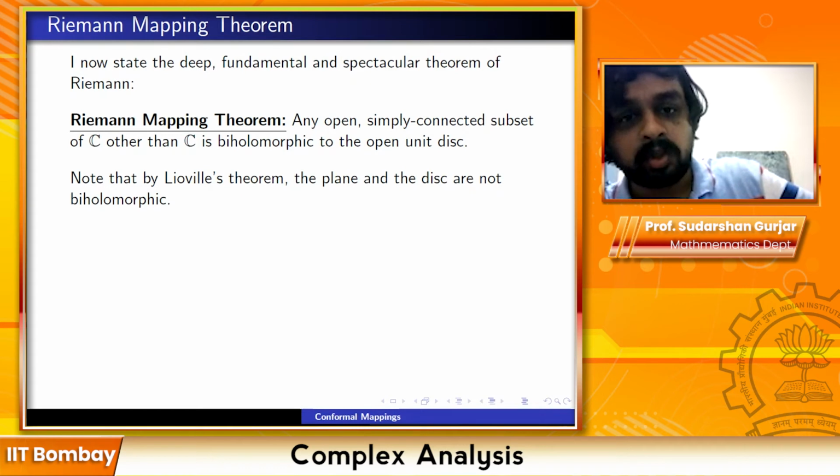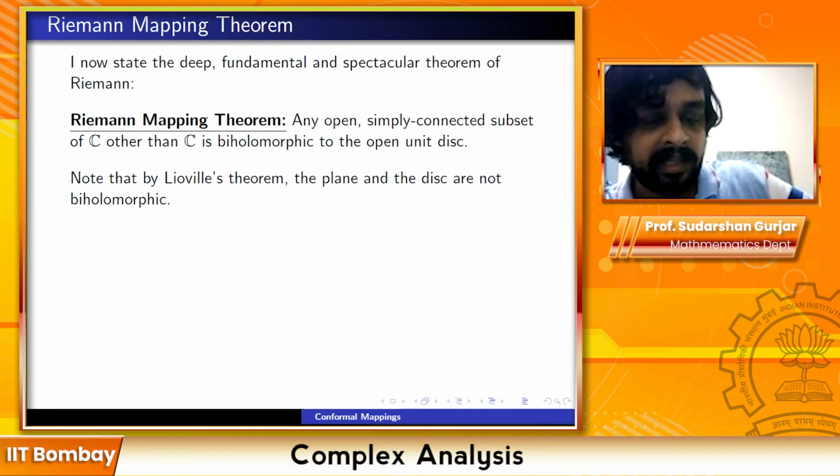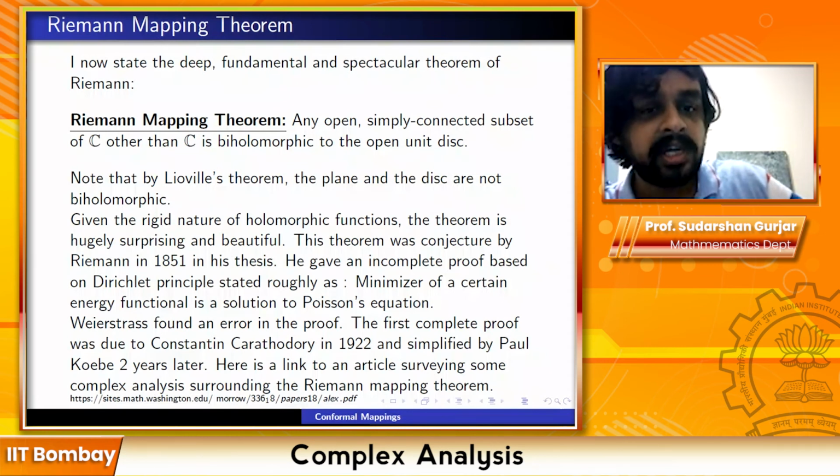So these two are certainly not biholomorphic, so you will have to exclude the plane. And then Riemann's theorem says that anything other than the plane which is simply connected is biholomorphic to the U. And given the rigid nature of holomorphic functions, the theorem is hugely surprising and beautiful.